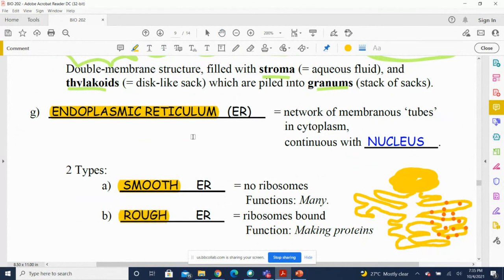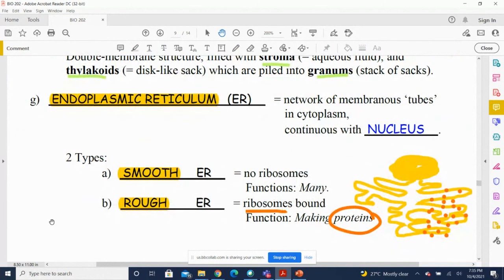And then we could also have rough endoplasmic reticulum. When we talk about rough endoplasmic reticulum, there are ribosomes attached to that part of the ER. And you remember the function of the ribosomes was to make proteins. So these sites where we have rough ER are typically the sites where proteins are being made.